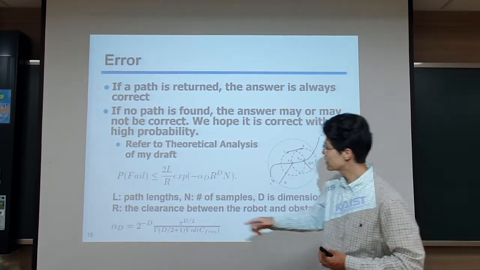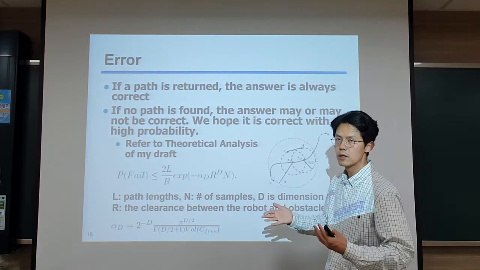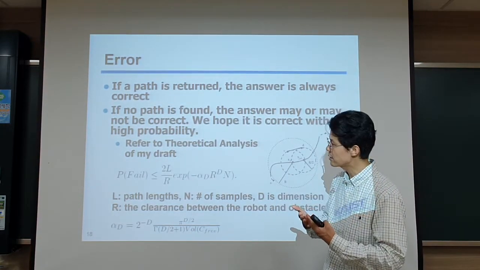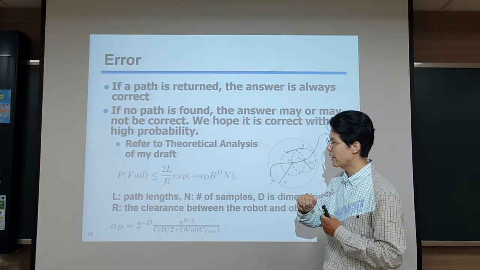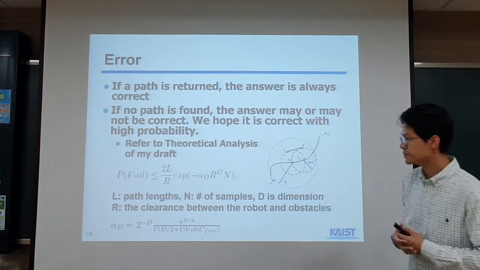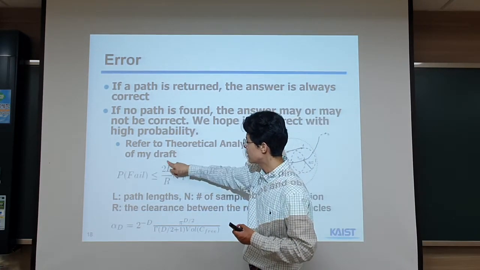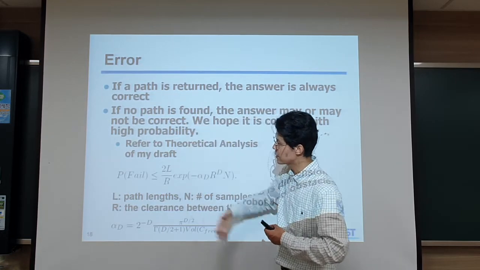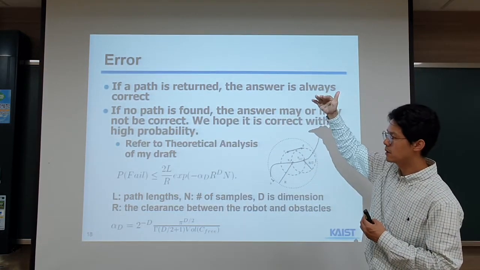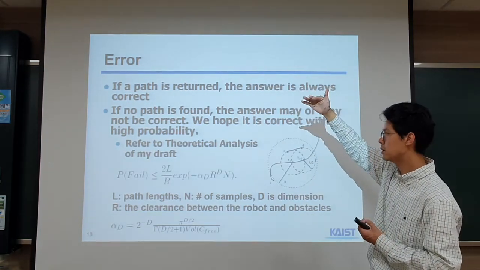Obviously, when the clearance is getting smaller and smaller, in other words, as you get more narrow passage regions, where there is only a small region of free space, your probability of failure gets bigger and so on. And also as your path length gets bigger and bigger, L becomes bigger, and then that error can be bounded by a higher value. In other words, you might get a high probability of being incorrect.